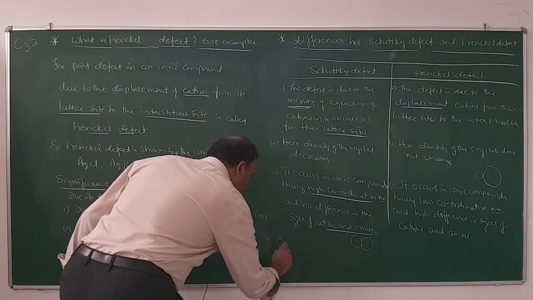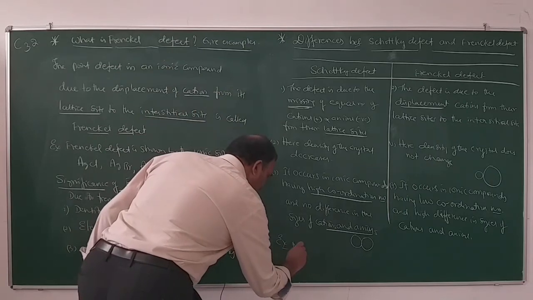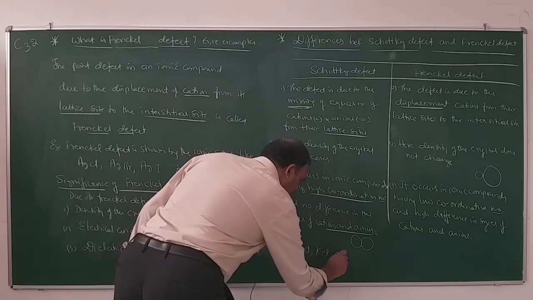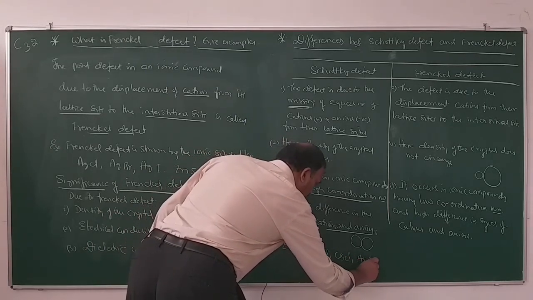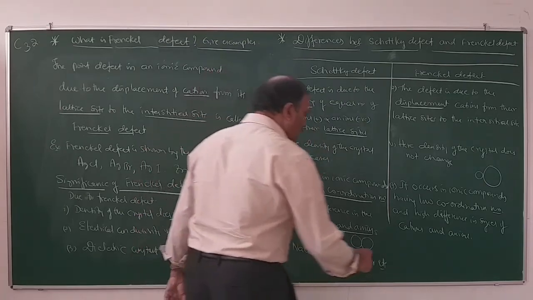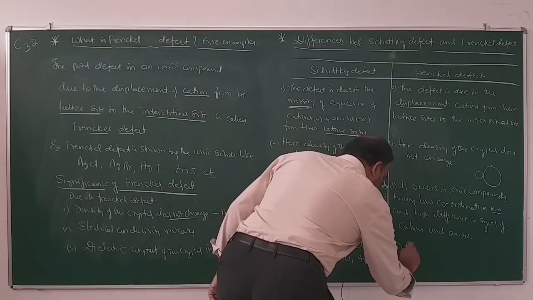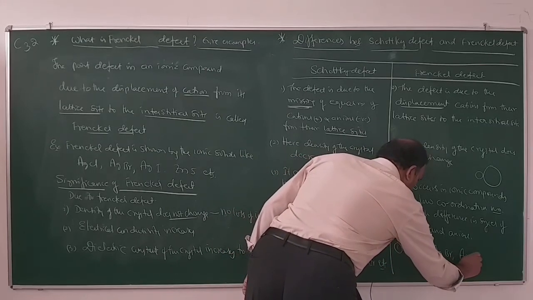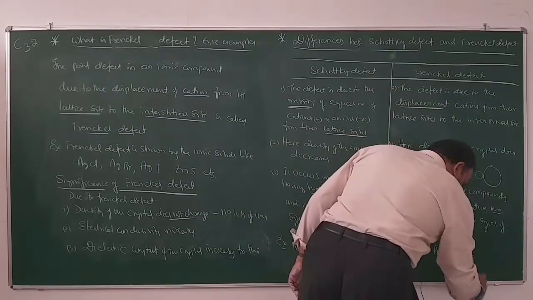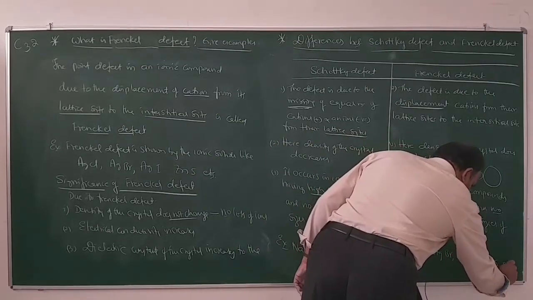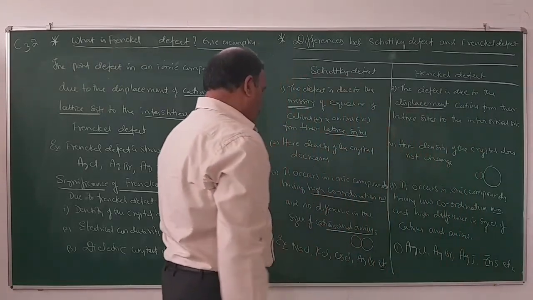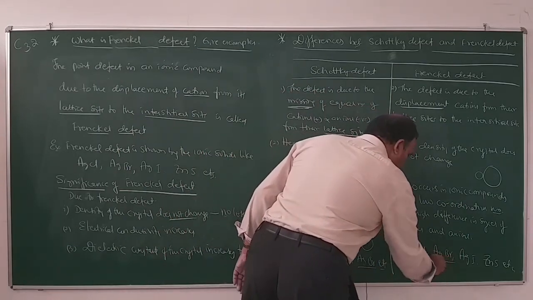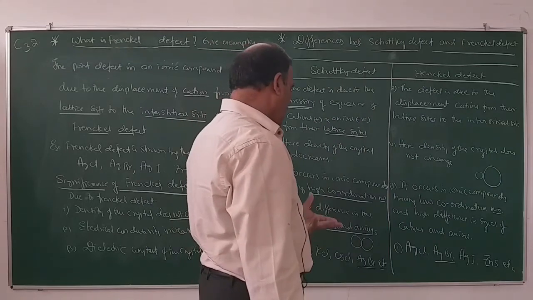Coming to the examples. Examples: NaCl, KCl, CsCl, AgBr, etc. And here it is AgCl, AgBr, AgI and zinc sulfide, etc. So here you notice that I have given the example AgBr both in Schottky defect as well as in Frenkel defect.